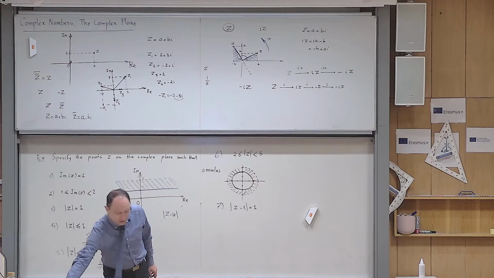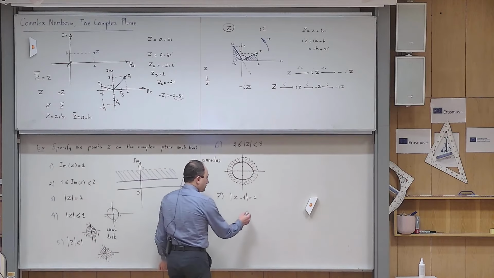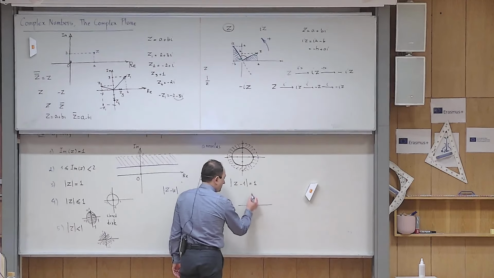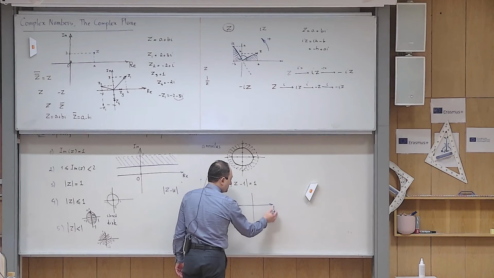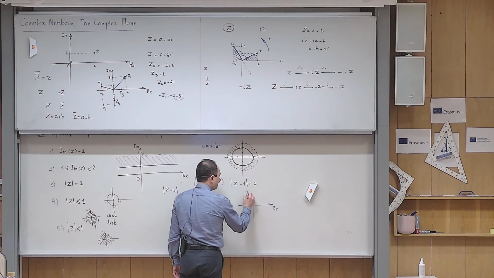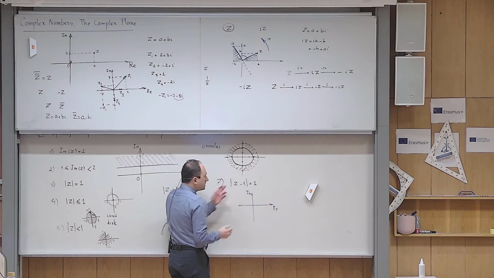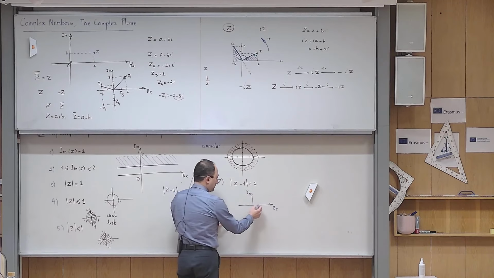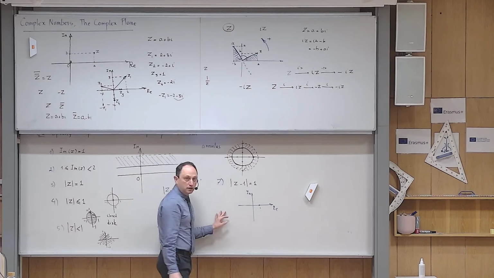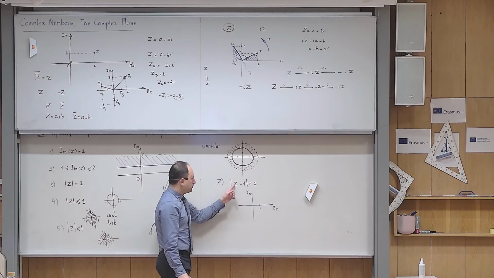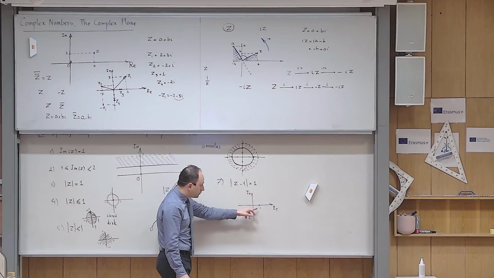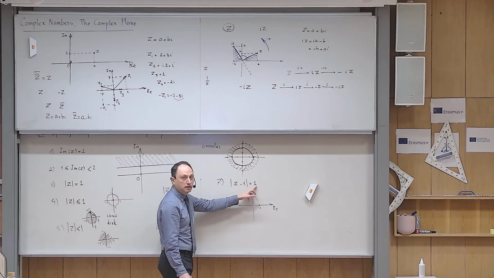So you go and draw this coordinate system, the complex plane, real, imaginary. Z is not clear where it is yet, but 1 is clear. Where is 1? 1 is here. Now I am interested in point z whose distance to this fixed point is equal to 1.